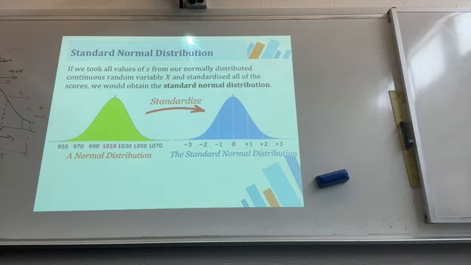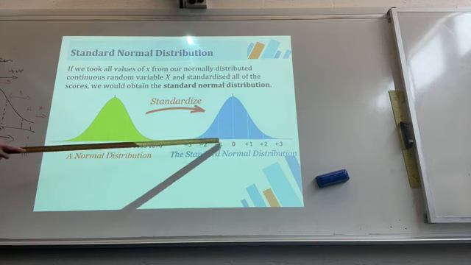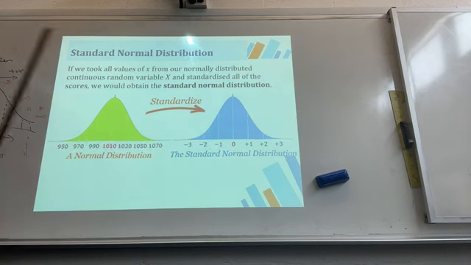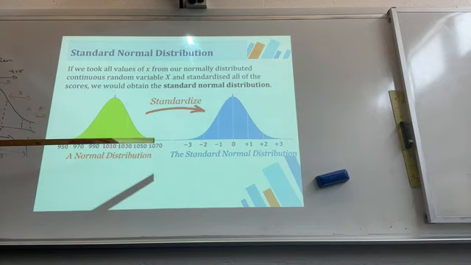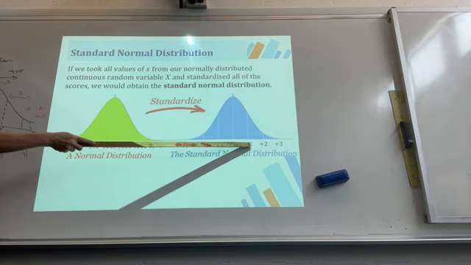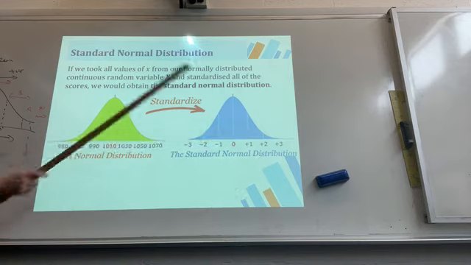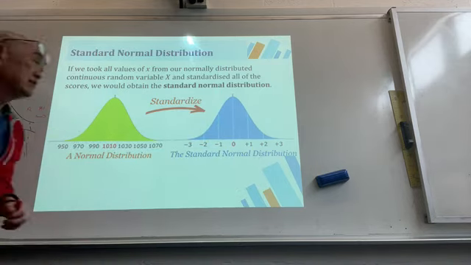So you can see the actual data here, you are just looking at one standard deviation away. One standard deviation is 20, two standard deviations is 40. But here on the standard normal distribution, that is just 2.